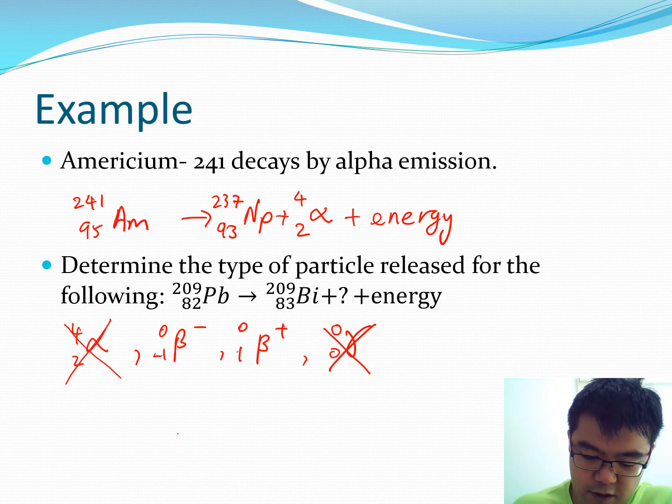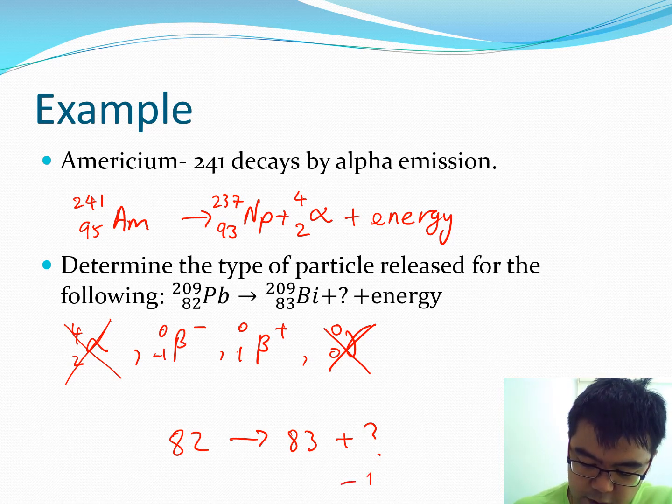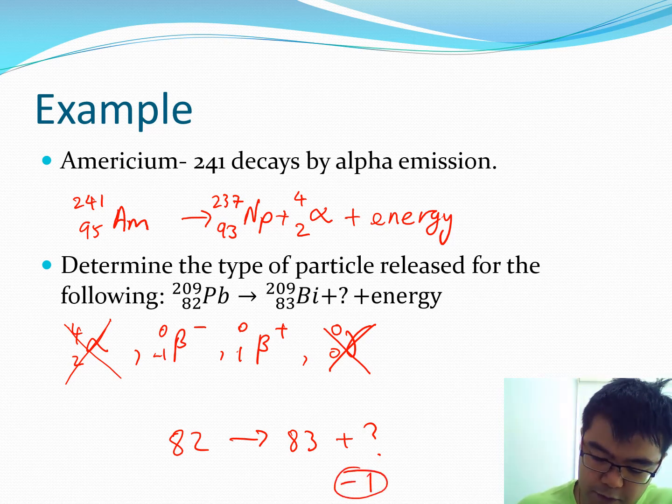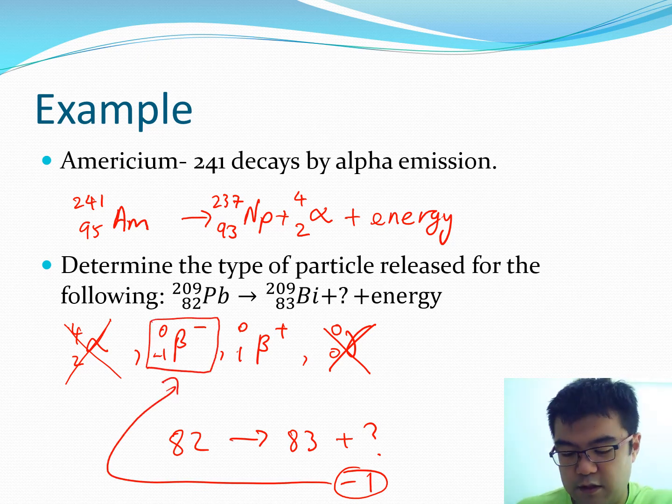So that's fine. We have 82, and that's 83 plus something. Well, 83 minus 1 gives us 82. So this something must be a minus 1. And which one has a minus 1? It's the beta particle, the beta minus particle. So in this case it's going to be beta minus.